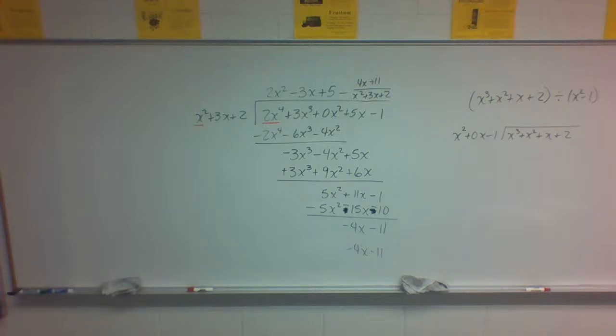Which is 0x squared. You just have to keep track of the x squared. There's just none of them. That's just a place holder, just like before.